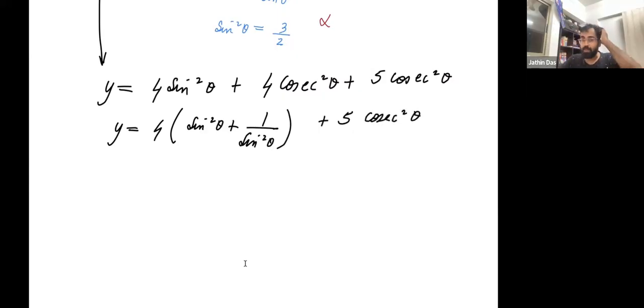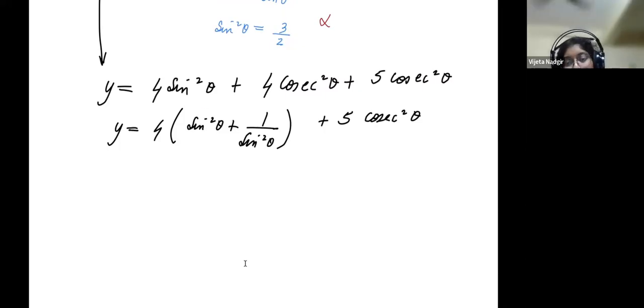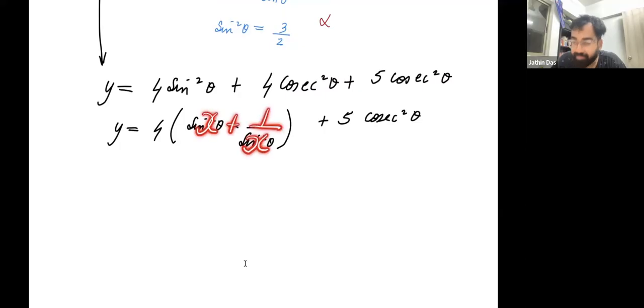Till here is it clear? Now is it in the form x plus 1 by x, and that x is positive because both are squares itself.